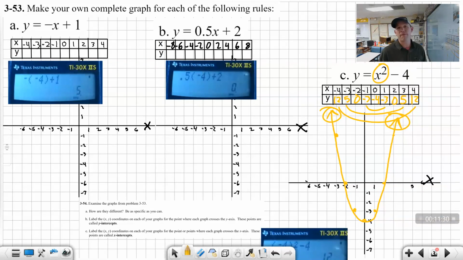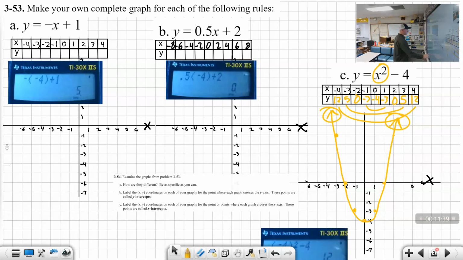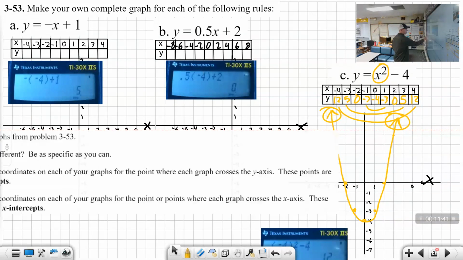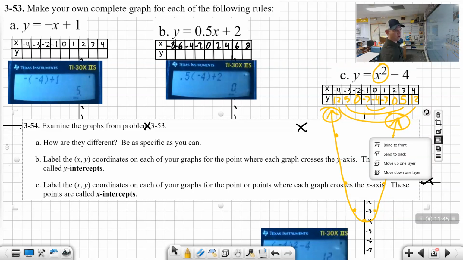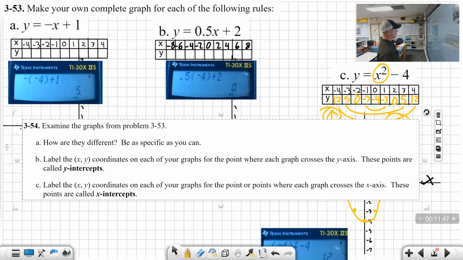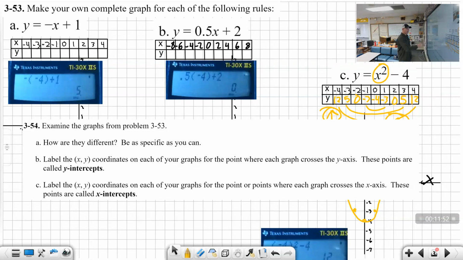Now, here are the directions for 54. You'll notice in the bottom right-hand corner that you need to go ahead and do 54. 54 is asking you to examine these graphs. Let's bring this to the front. You are going to answer these 3 questions. How are they different?